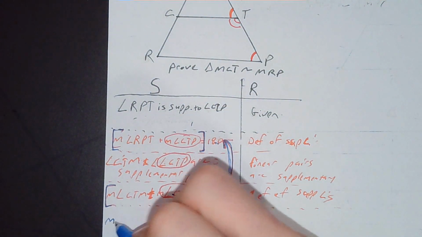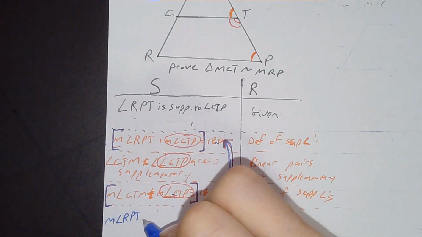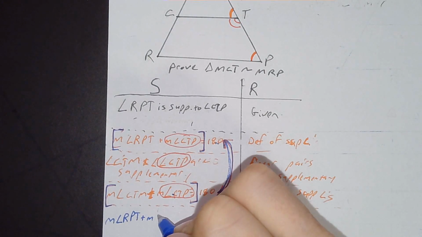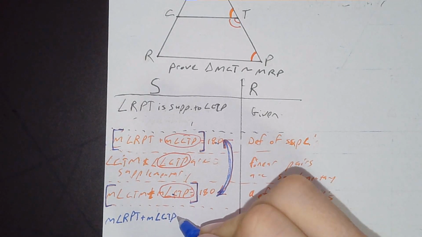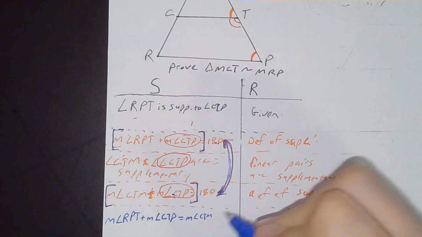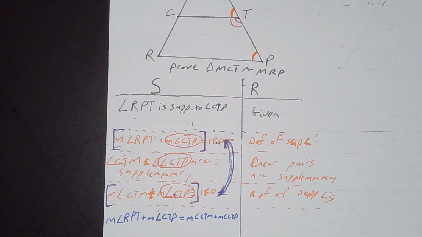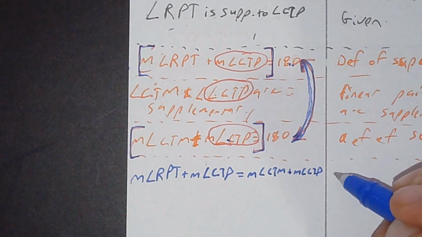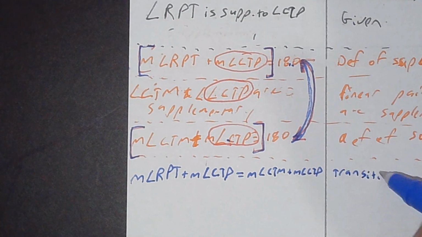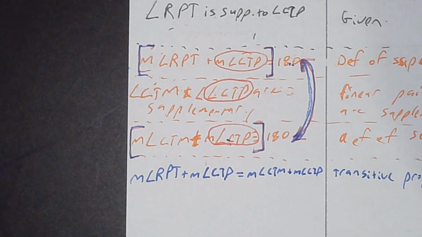The measure of angle RPT plus the measure of angle CTP equals the measure of angle CTM plus the measure of angle CTP. Oh, that's tiny. Zoom in on it. That is the transitive property of equality.